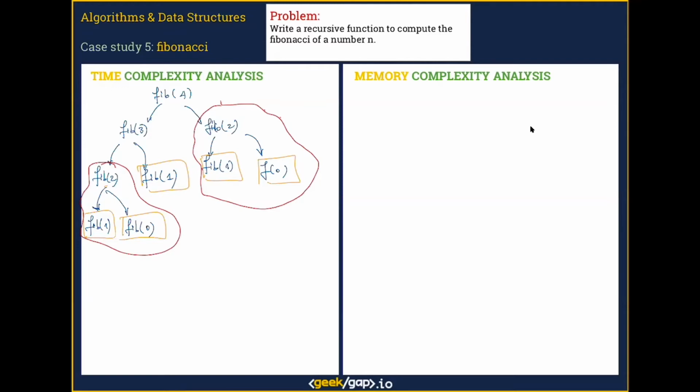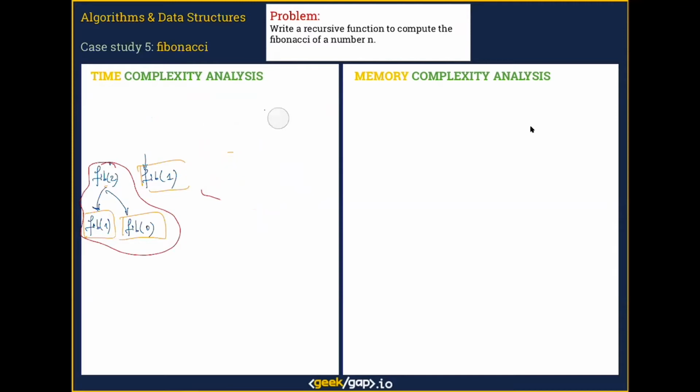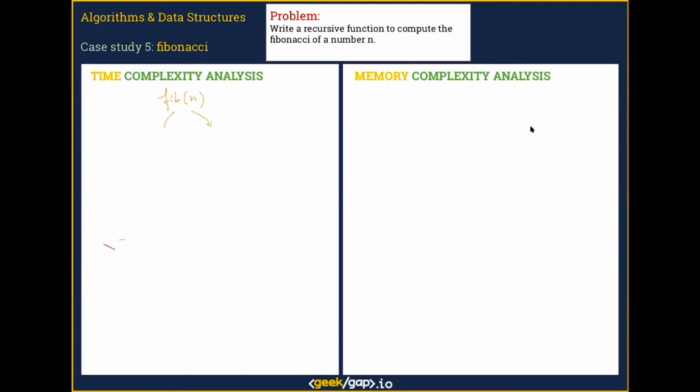If I erase all these and draw again, let's come back to actual variables. Fibonacci of n, what do we need? We need Fibonacci of n minus 1 and Fibonacci of n minus 2.